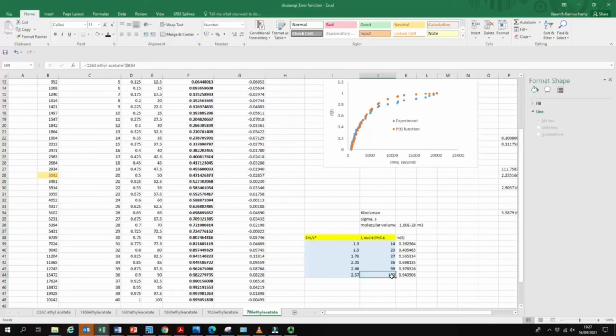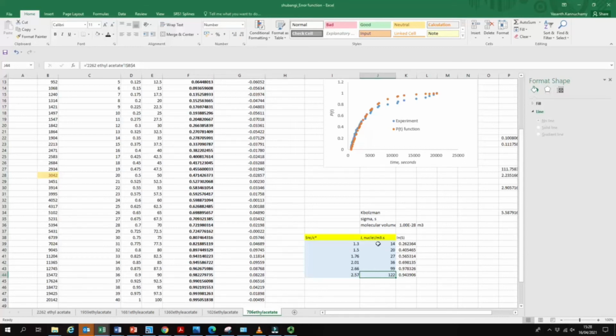In 1 second it's 122, which means in 2 seconds it will be 122 multiplied by 1 plus 122, and it's going to multiply more and more. At the end of 1 minute you will have nearly several thousands of nuclei in that unit volume of your solution.